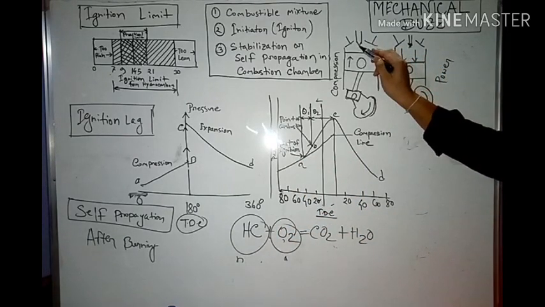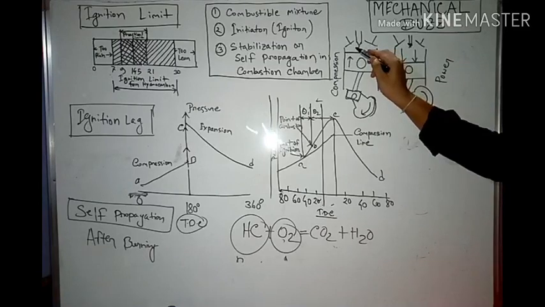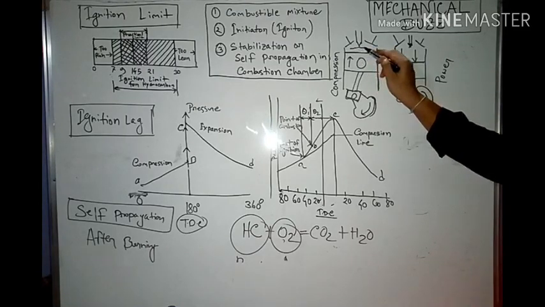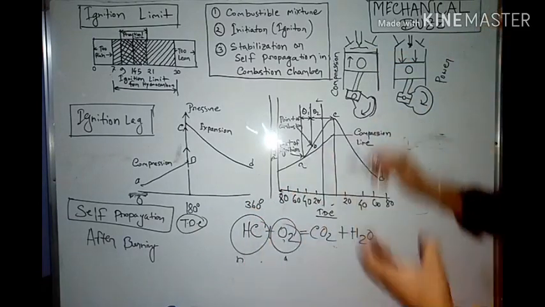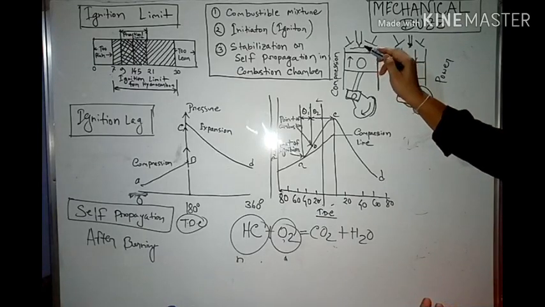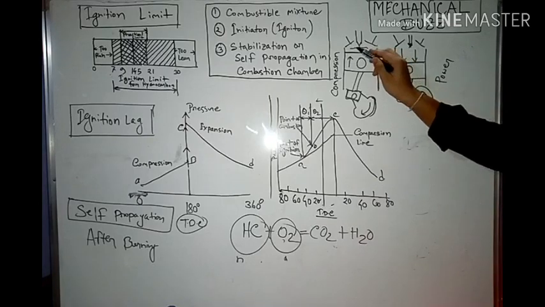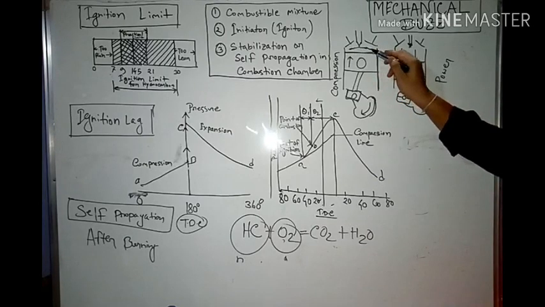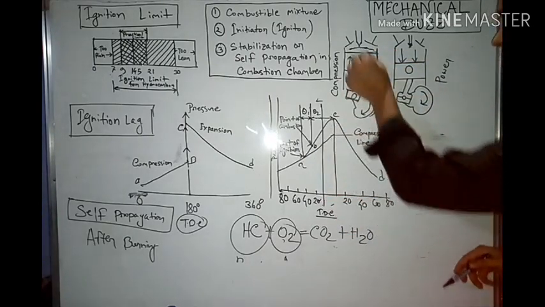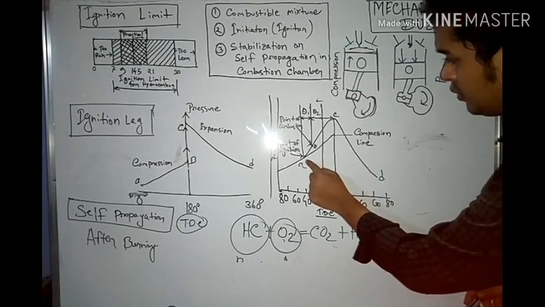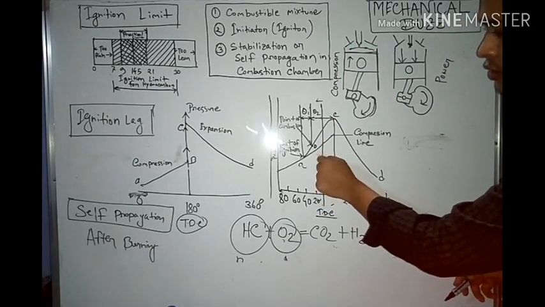So the first flame will come up from here, and it will ignite the surrounding molecules of the fuel mixture, hydrocarbons and oxygen. So it will burn and burn, and then the self-propagation starts, and it goes from A till B.